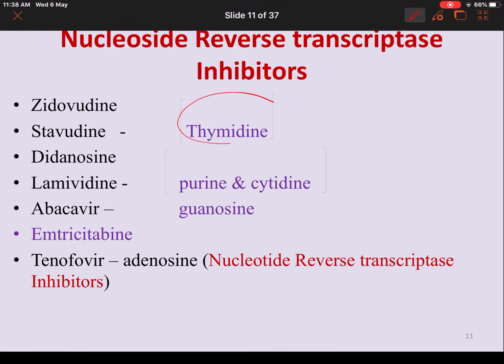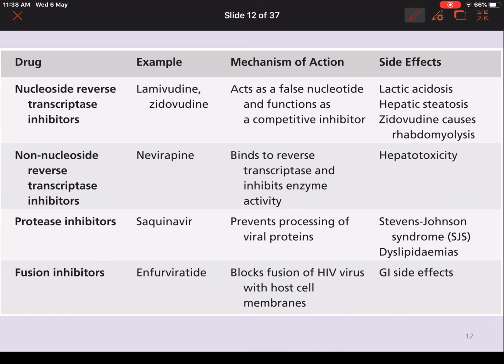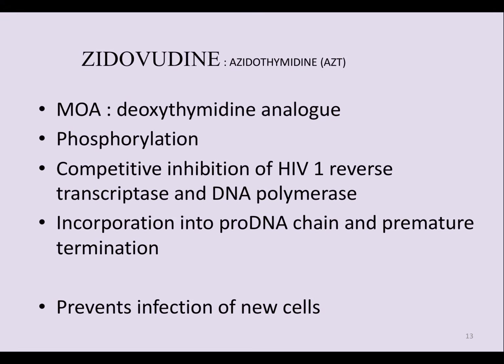Zidovudine is a thymidine analog. So how does it function? Zidovudine acts as a false nucleotide and also functions as a competitive inhibitor. So let's look into this.